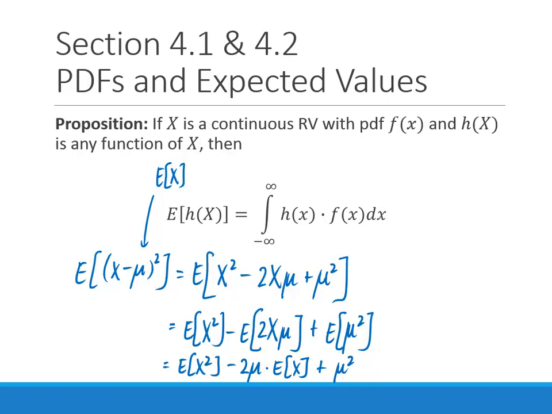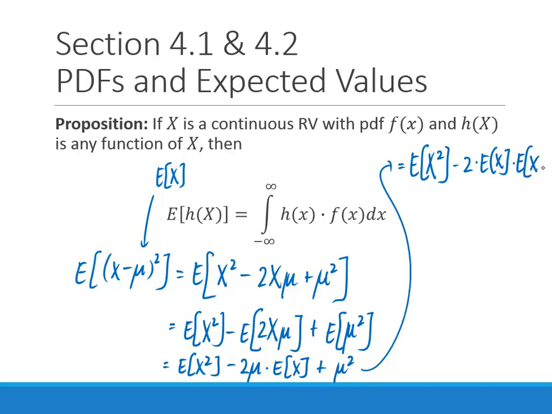Now I'm going to take advantage of the fact that mu is equal to the expected value of x. You see where this is going. This is equal to the expected value of x squared minus 2, and since mu is the expected value of x, that's expected value of x times the expected value of x, and then plus mu squared is just the quantity expected value of x squared.